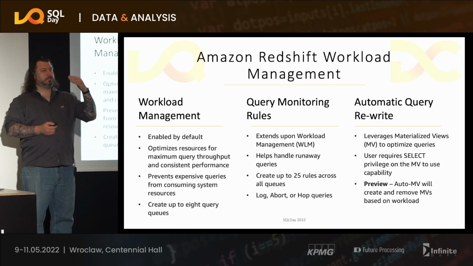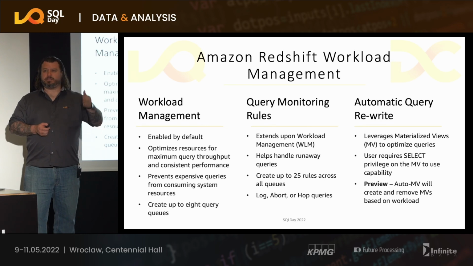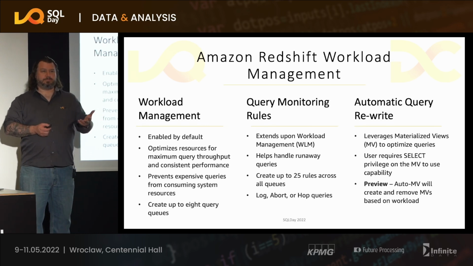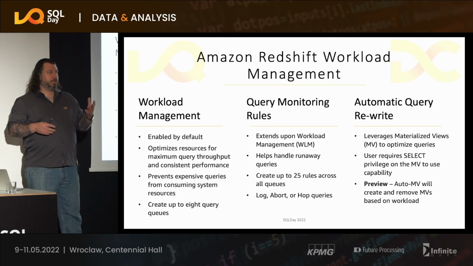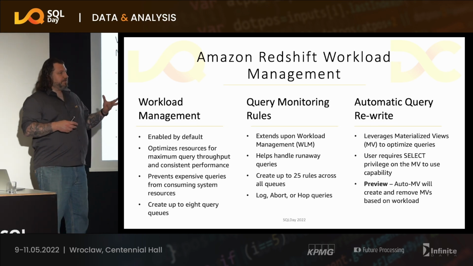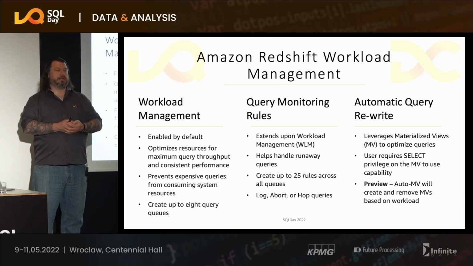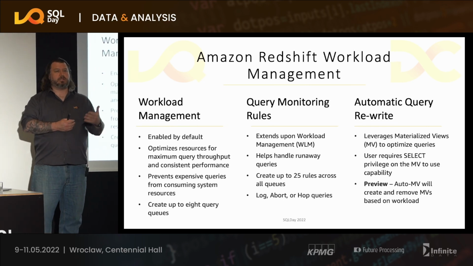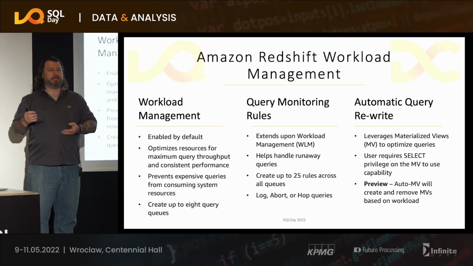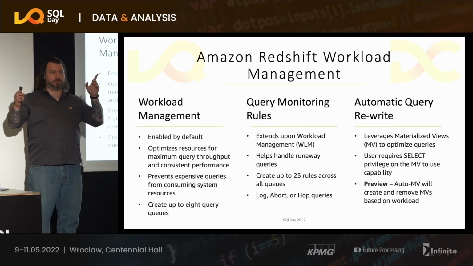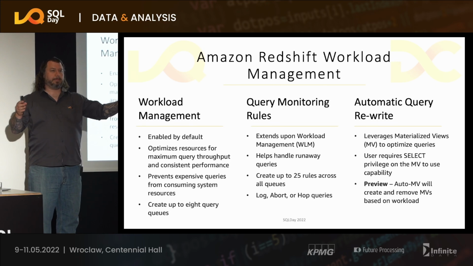Likewise, if you're doing large aggregates, you're doing sum, you're doing average, you're doing whatever, if you create a materialized view, it will materialize that result set. Auto query rewrite will take your query, and because it knows about what's in those materialized views, it will say, actually, I'm not going to bother running that aggregate against the base tables because I know you've got it done over there in that MV.